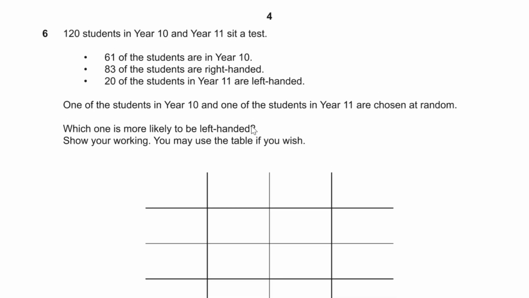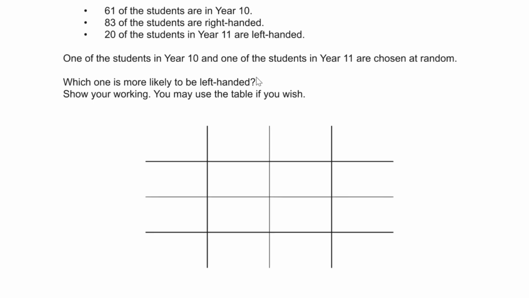Well, here we can use a two-way table. The reason for that, we've got two categories, Year 10 and Year 11 being one category, so year group being one category, and we've got another category either being left-handed or right-handed. So let's create a two-way table. We've got those in Year 10 and we've got those in Year 11. We've got those who are left-handed and we've got those who are right-handed.